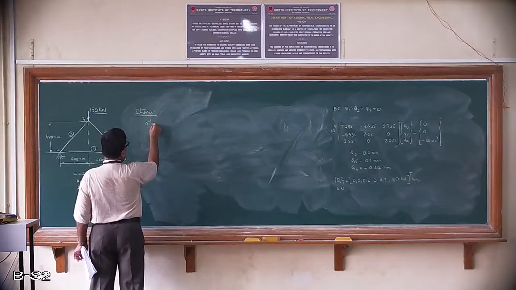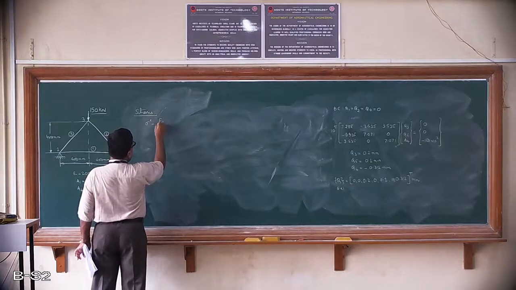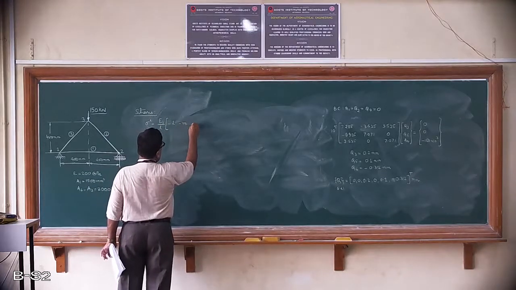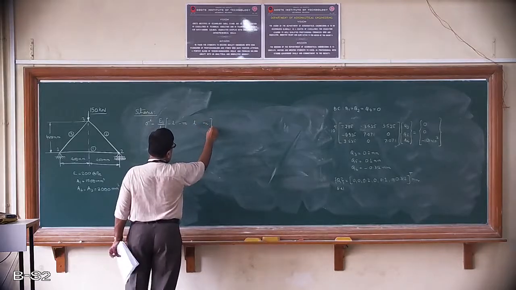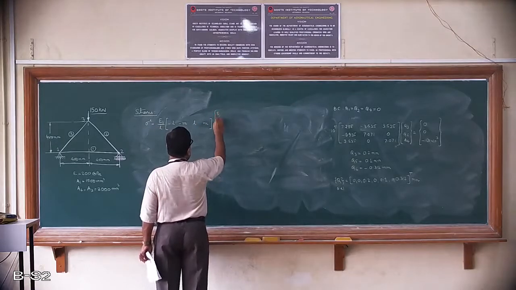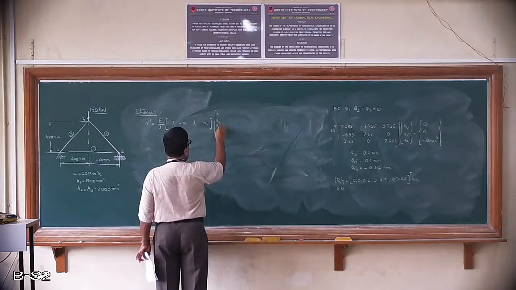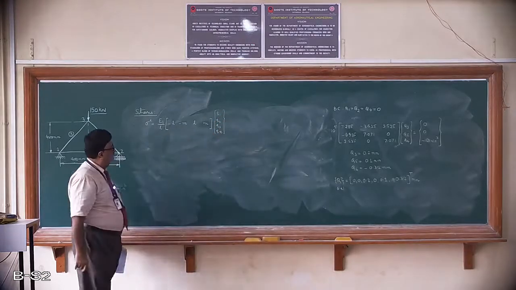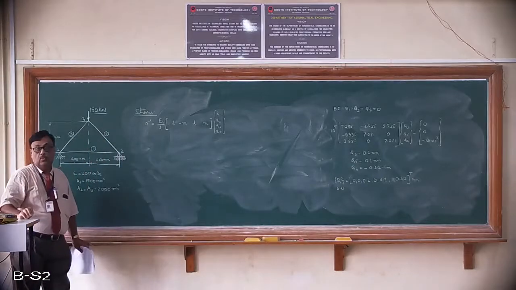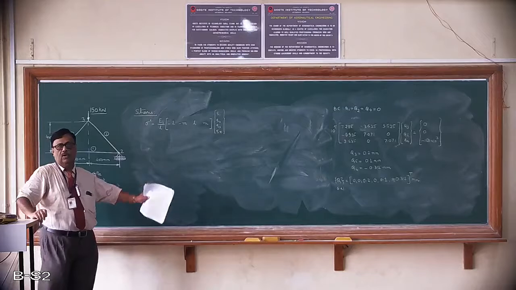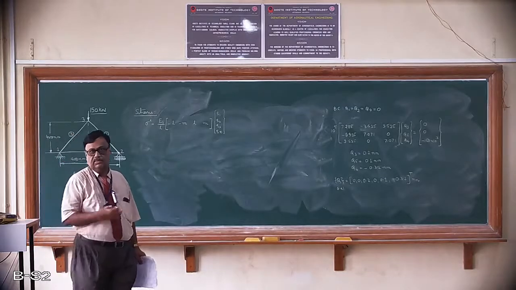Sigma e is given by E upon L of the element, times minus L, minus M, L and M, and this is going to be Q1, Q2, Q3, Q4. This is what you have to write. So this Q1, Q2, Q3, Q4 are very much similar to what you have taken from the connectivity for the element stiffness matrix. The same thing needs to be found out.